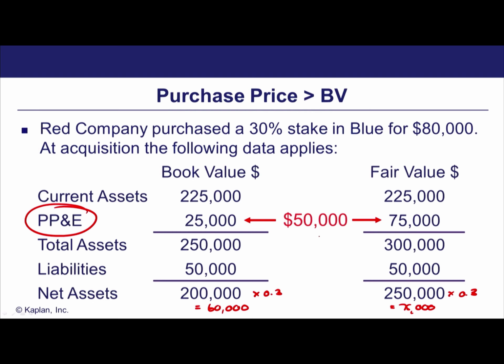Now, of course, if we take our share of this fair market value adjustment, that's going to give us 15,000. And of course, you can see that is actually the difference between the two amounts. So of course, just be a little bit aware that when we acquire an associate, what we're going to do is look at the fair market value of its net assets rather than the book value of its net assets.